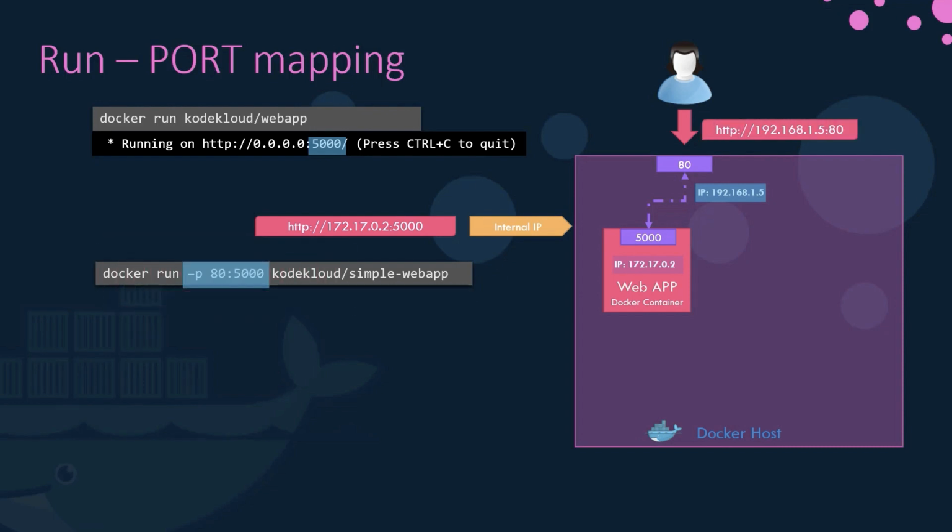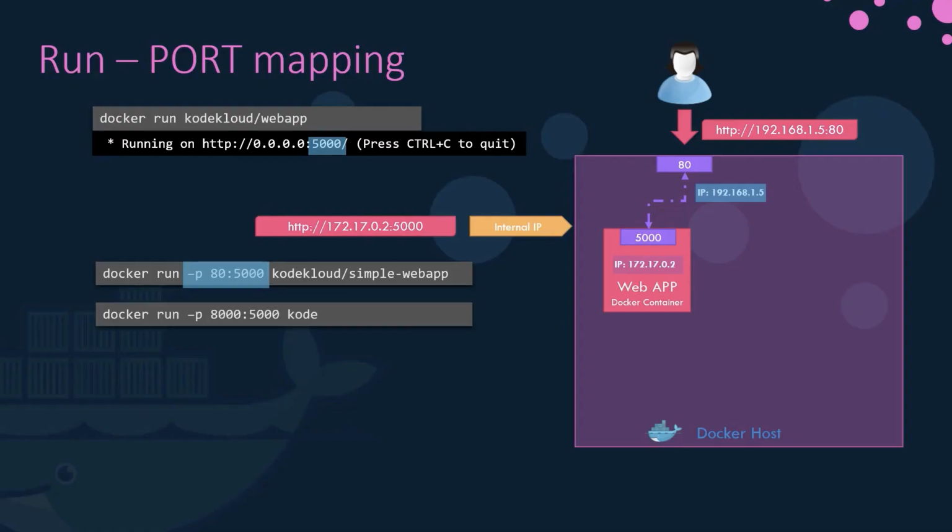And so the user can access my application by going to the URL http://192.168.1.5:80. And all traffic on port 80 on my Docker host will get routed to port 5000 inside the Docker container.